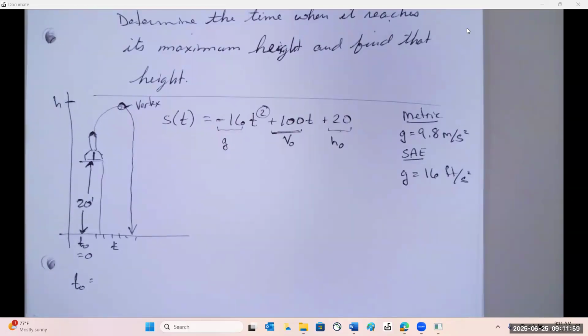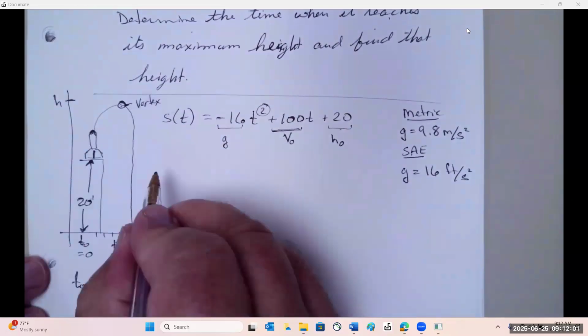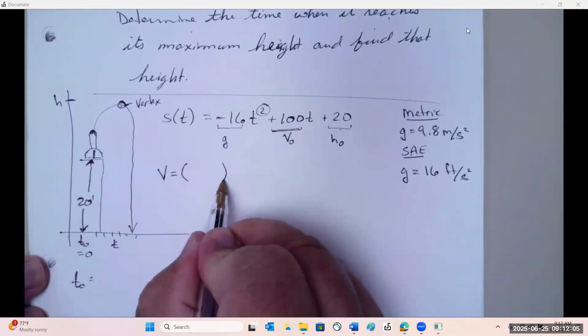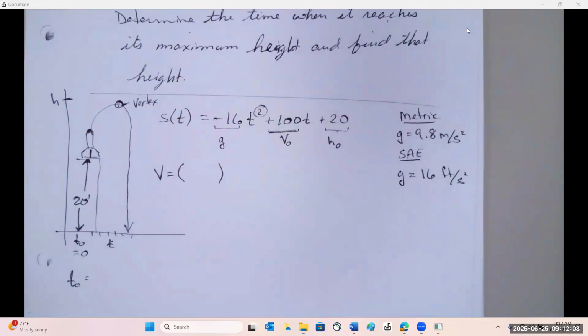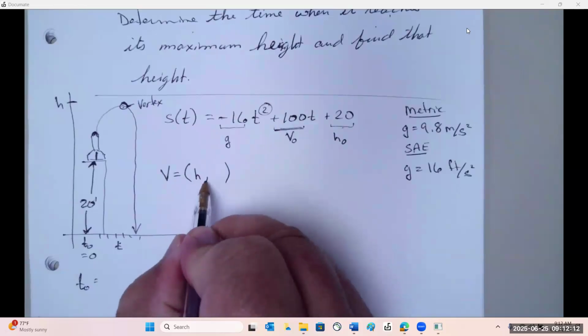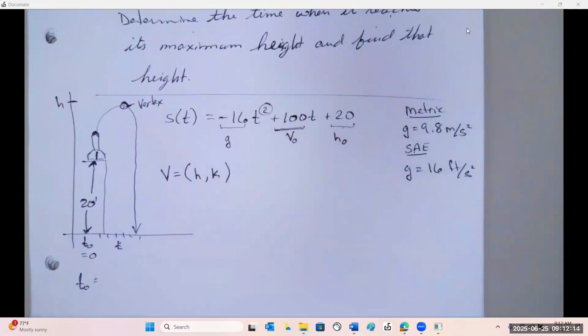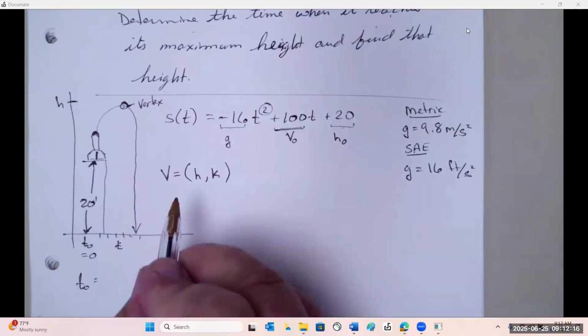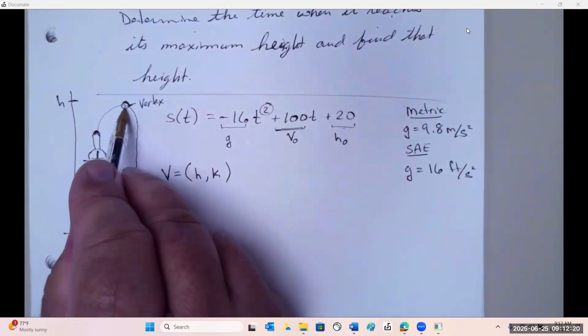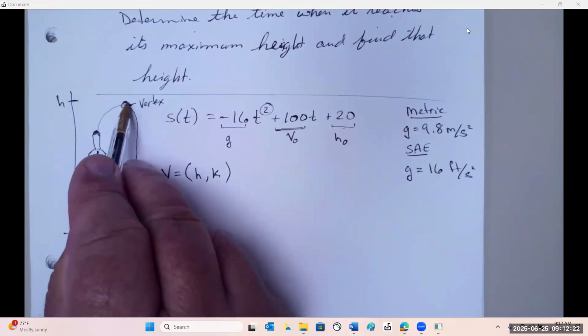So far, so good. Now, the vertex is given by 2 values, an ordered pair. We talked about yesterday, they were h, k. But now that h, k represents the vertex, the highest point.